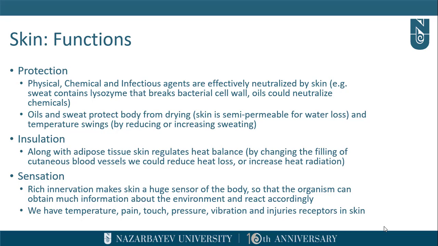So, for instance, if you go outside and it's cold, we have vasoconstriction. That means that the blood vessels become very narrowed, in a way not to have the internal heat going to the outer surface. So this way we keep our body heat inside through the process of vasoconstriction.